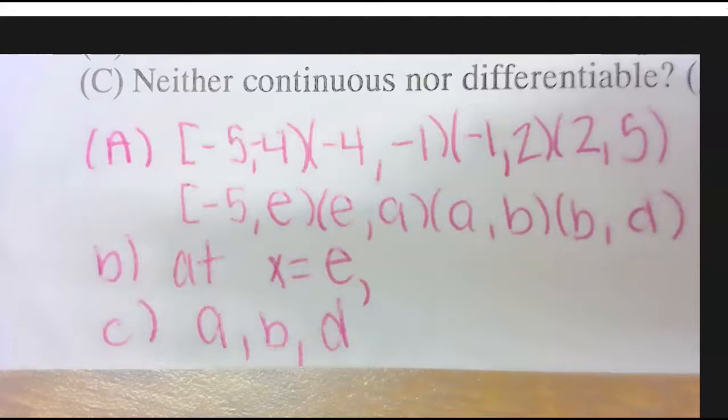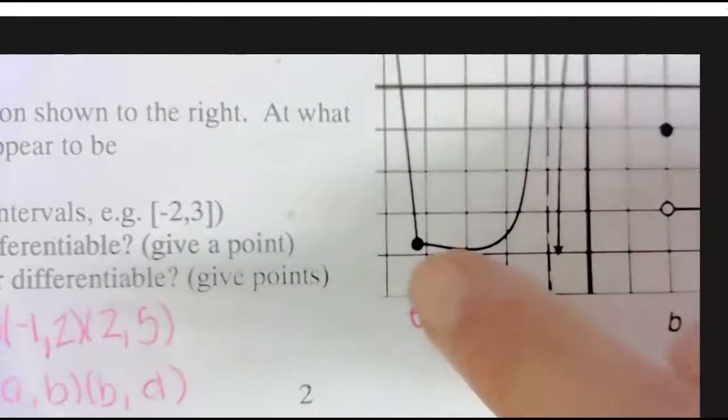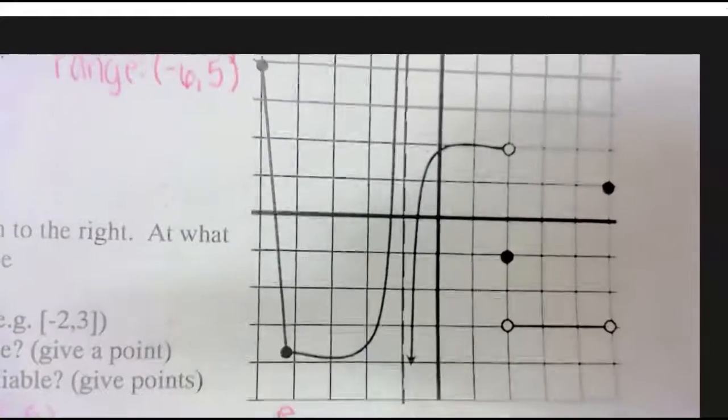So once again, a graph can be continuous but not differentiable. That's what happens over here at this cuspy corner I called E. It's continuous but not differentiable because it has a sharp point.